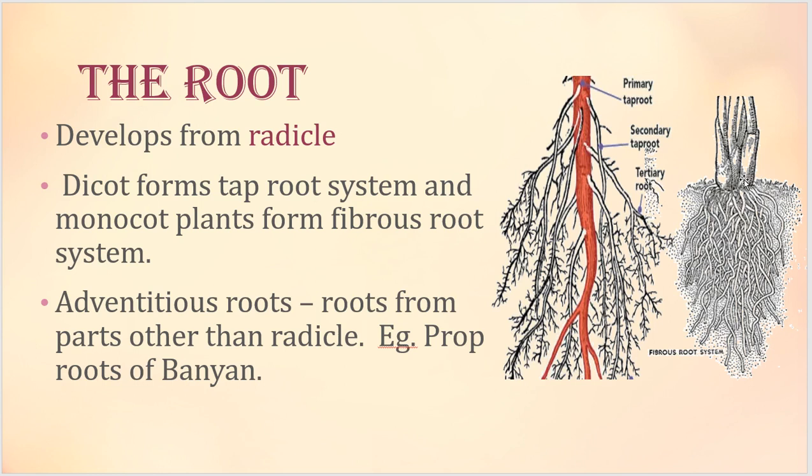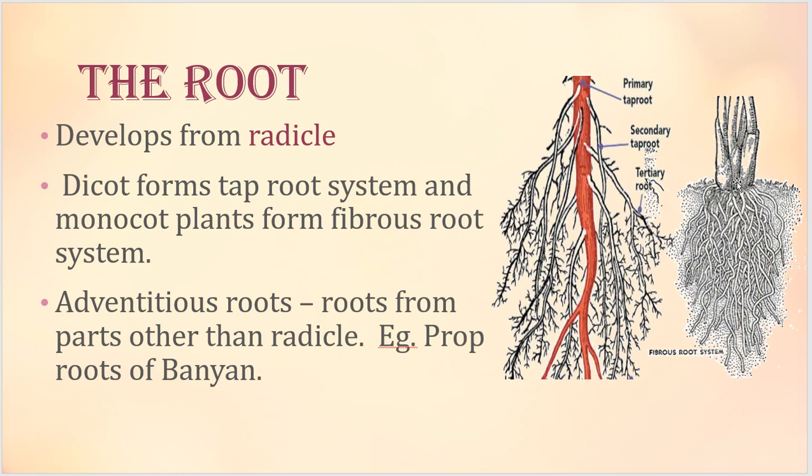And soon, the shoot system will be produced, and the roots will be produced from the base of the shoot system. In monocots, radicle is short-lived, or primary taproot is short-lived, which will later be replaced by the fibrous roots which are produced from the base of the stem.